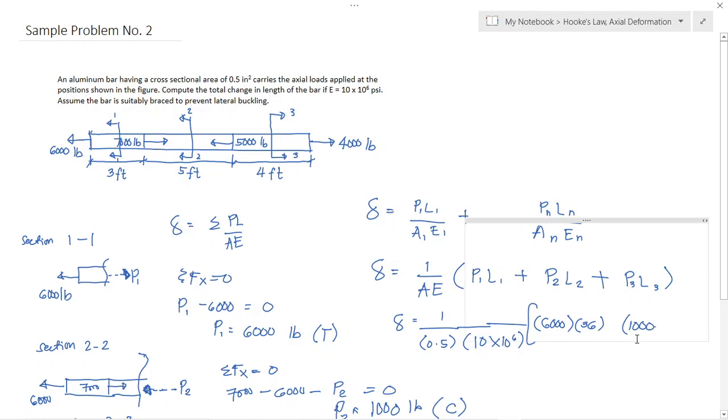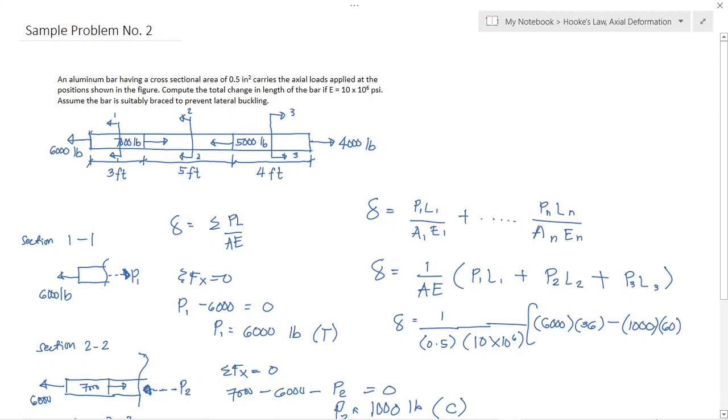Minus. Okay. Plus. Nag-less tayo kasi compression siya. So, shortening yung mangyayari dyan na contraction. Okay. 1,000 multiplied by L2, which is 5 feet. 5 times 12 is 60.